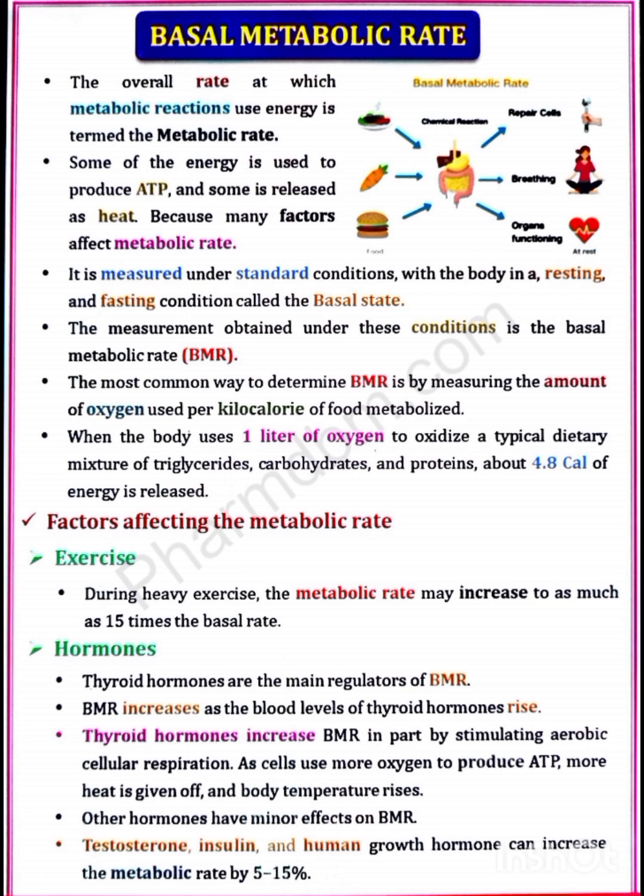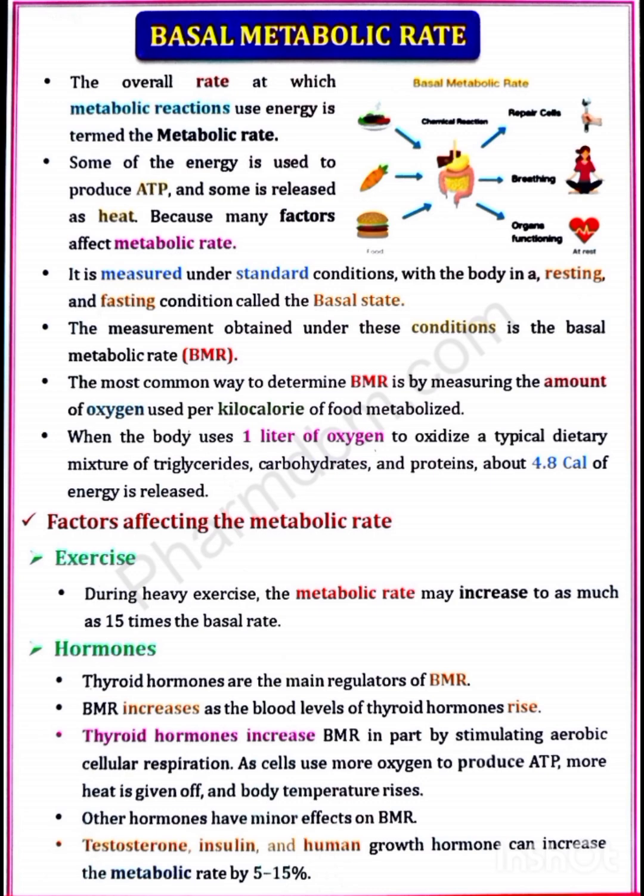Factors affecting metabolic rate: exercise. During heavy exercise, the metabolic rate may increase as much as 15 times the basal rate. Hormones. Thyroid hormones are the main regulators of BMR. BMR increases as the blood levels of thyroid hormone rise. Thyroid hormone increases BMR in part by stimulating aerobic cellular respiration.